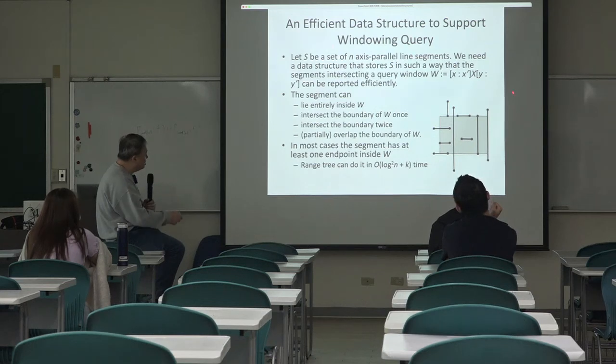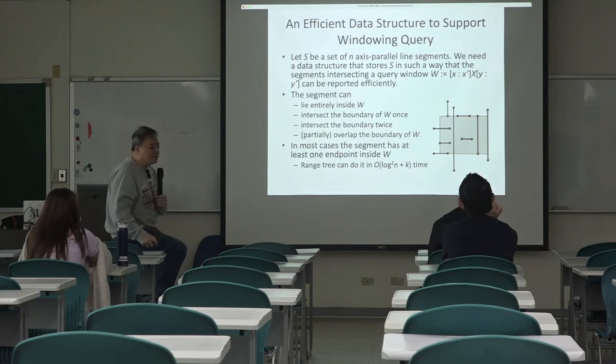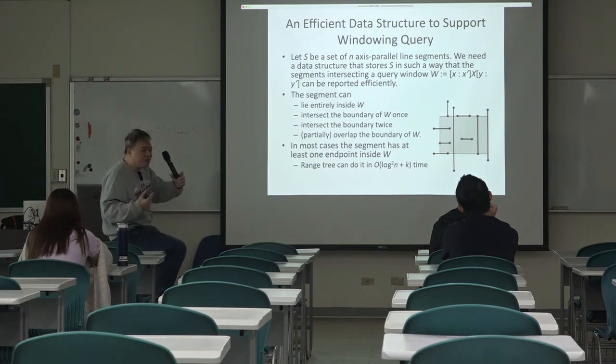You could imagine each of these segments represents, for example, in a navigation system, a road or a street. And the window, this gray shaded area, represents an arbitrary window.